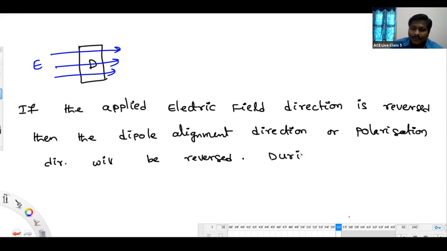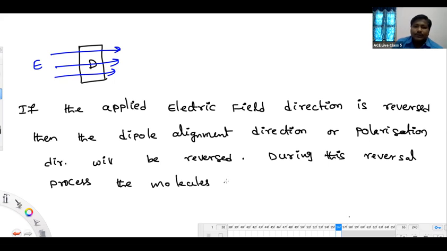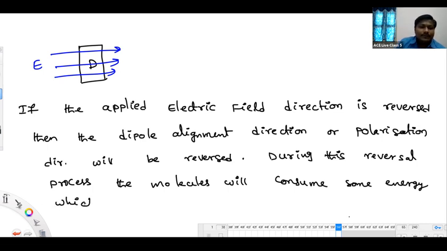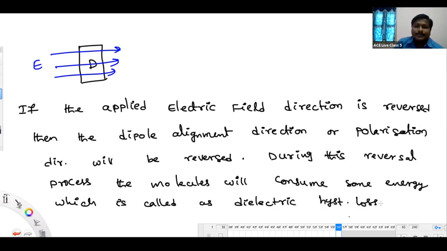During this reversal process, the molecules will consume some energy, which is called dielectric hysteresis loss.